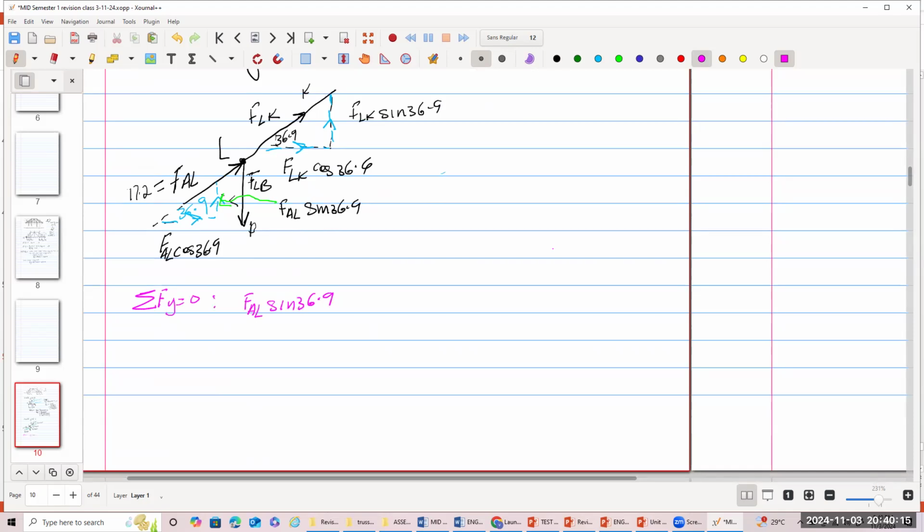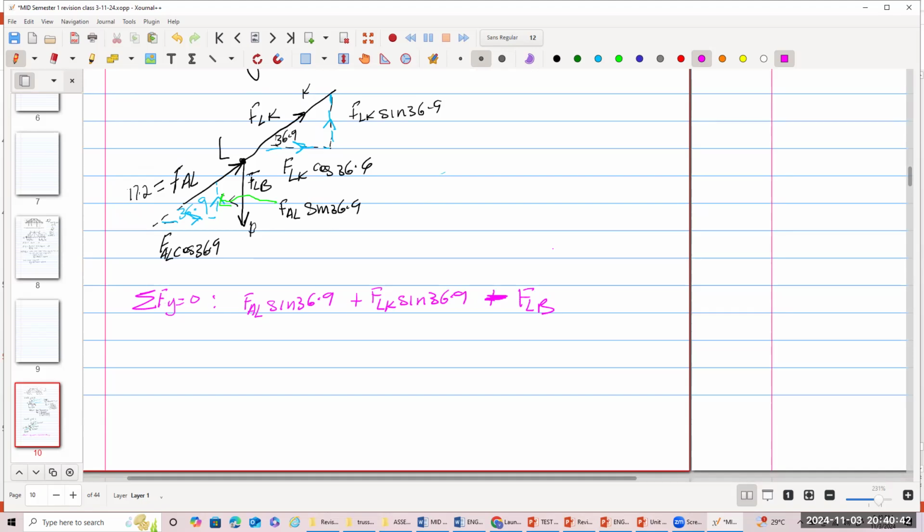Then the next one would be plus F_LK sine 36.9, right? Plus, this one is minus. Those are positive, but this is minus now. Minus F_LB. We have quite a bit of unknowns with this one.